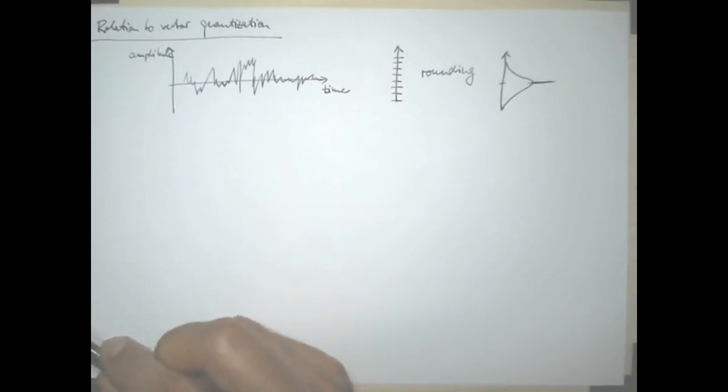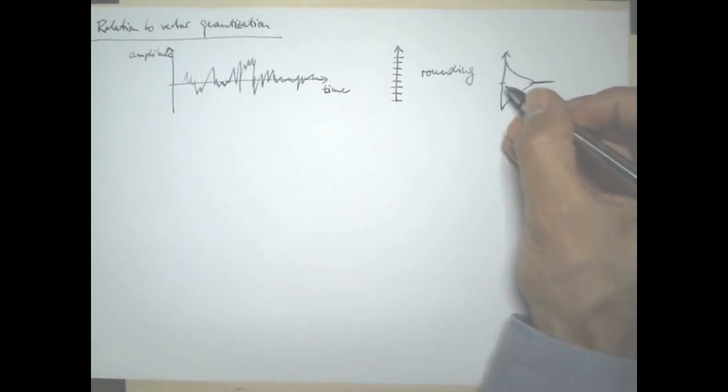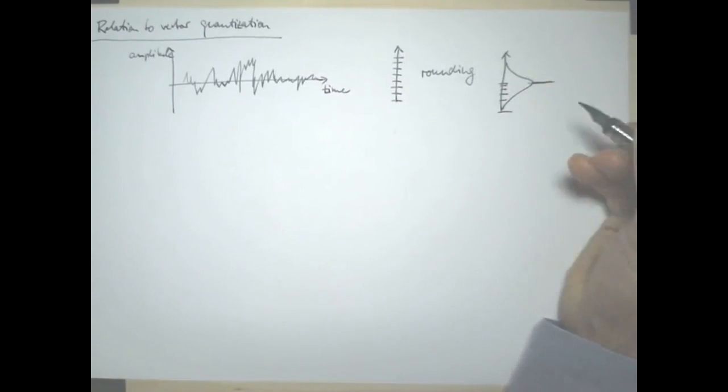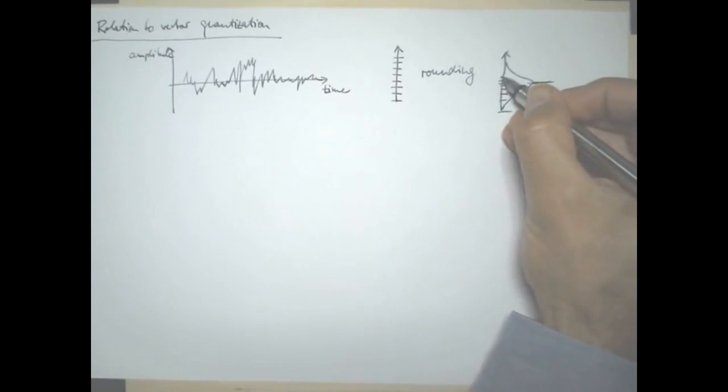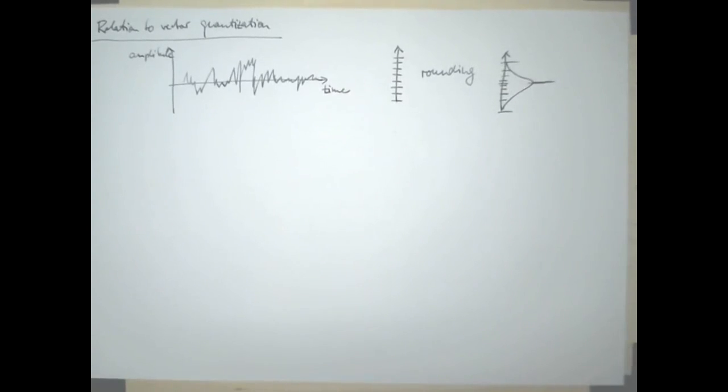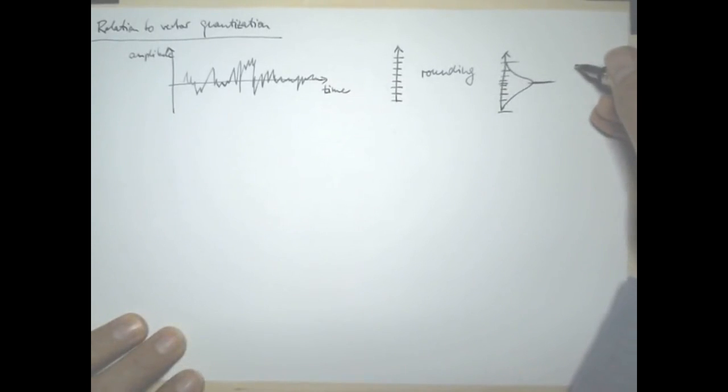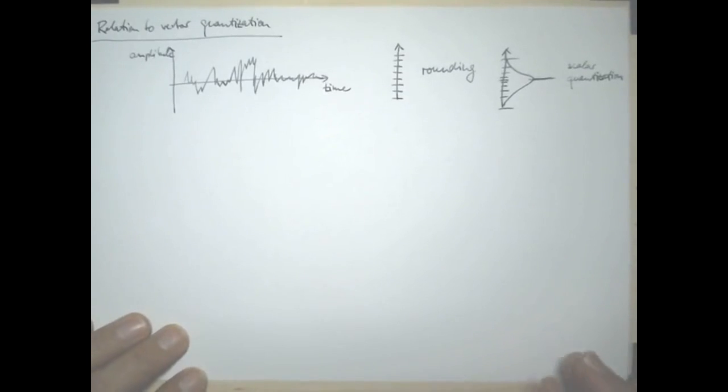So a better scheme here would be to make your bins narrower where you have lots of data, and make them wider where you have fewer observations, if your goal is to minimize the mean squared error of your reconstructed signal for a given bandwidth.